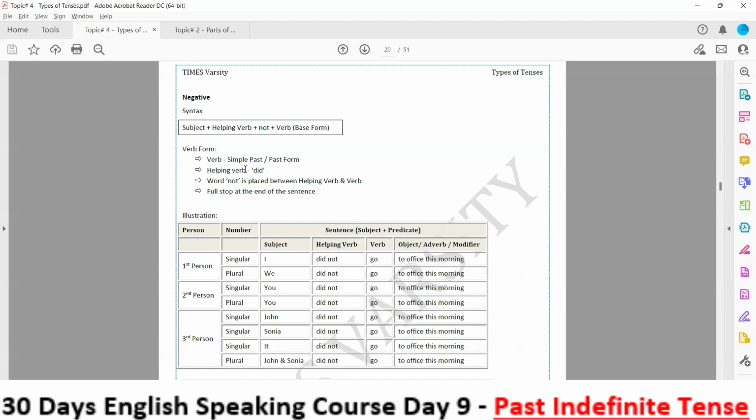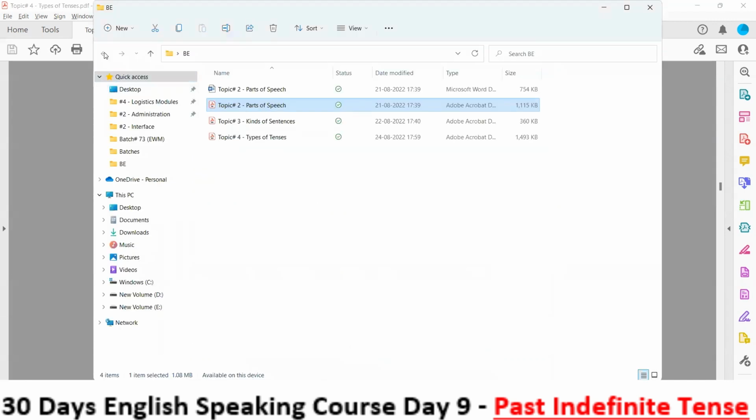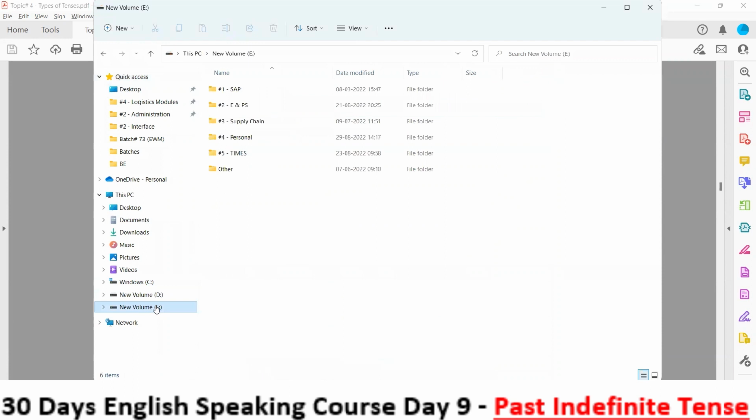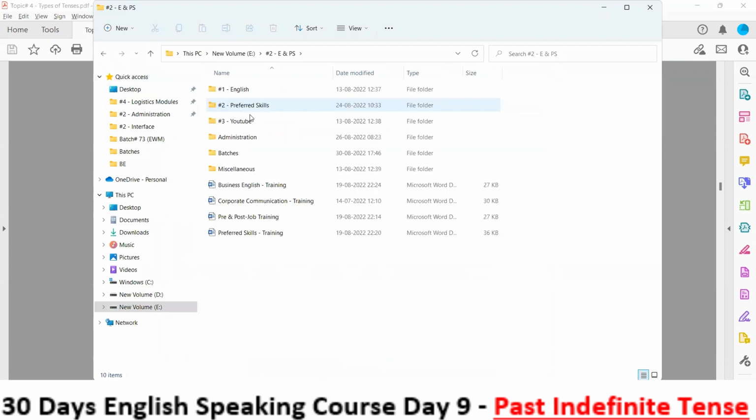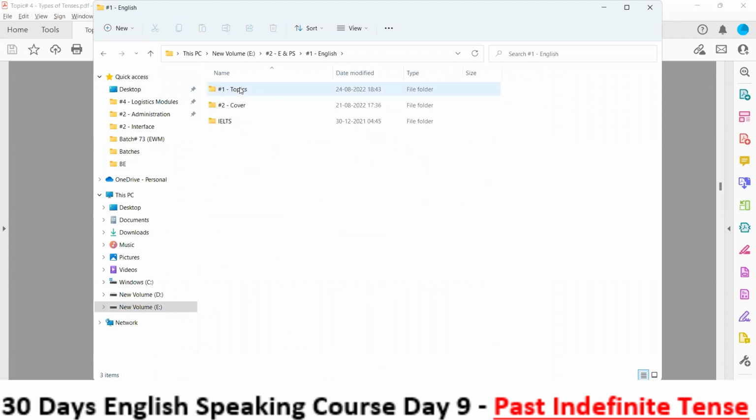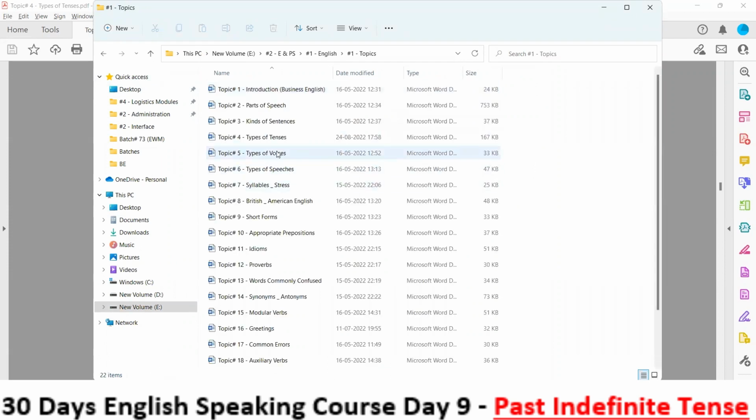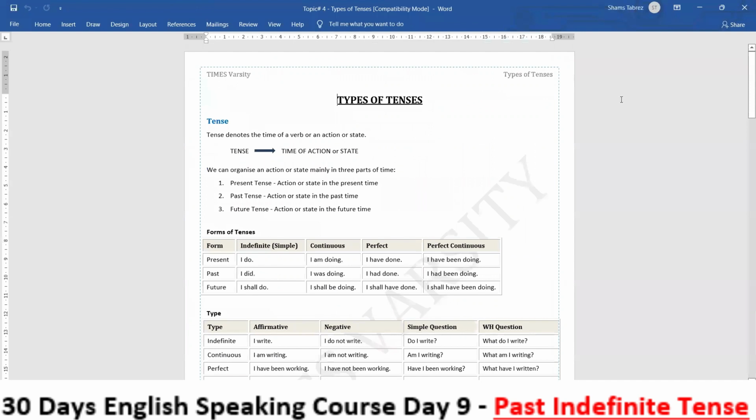So it should not be simple past. Let me correct this: it is the first form of the verb. Let me correct this one, and I will share the updated document with you. So we are talking about types of tenses.